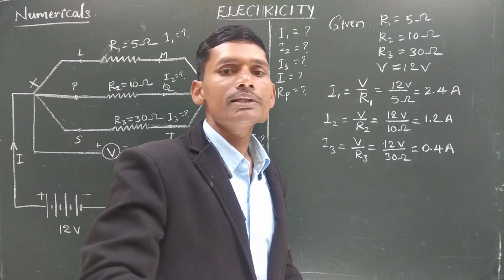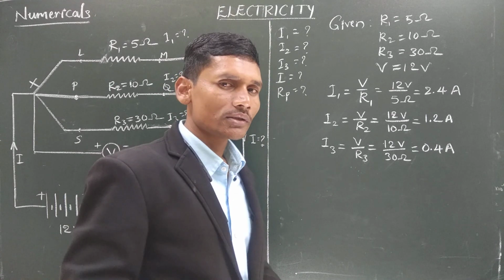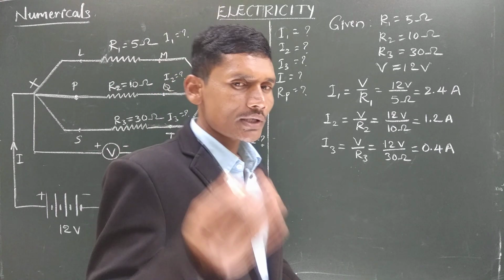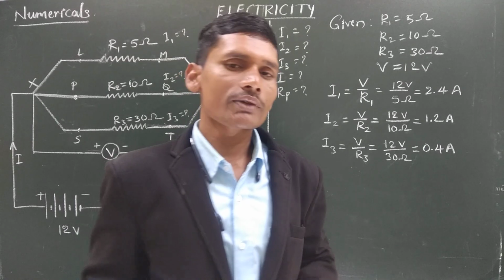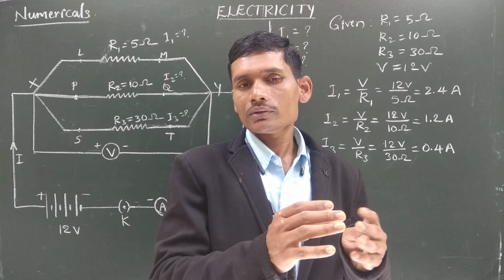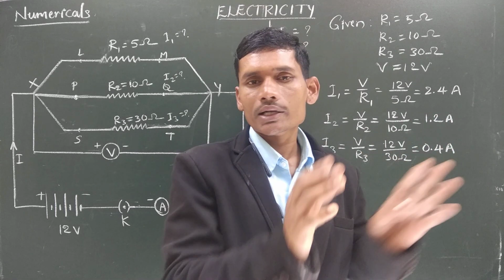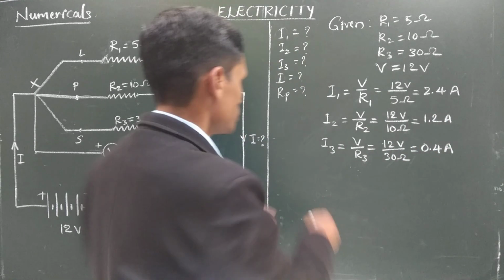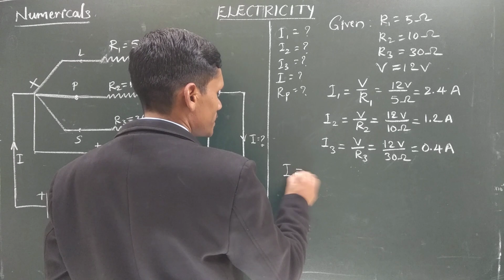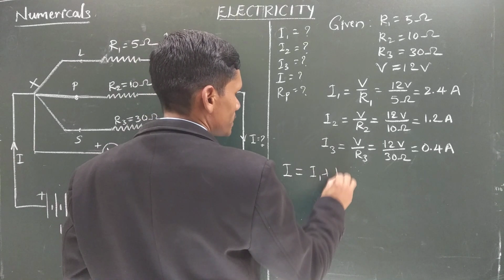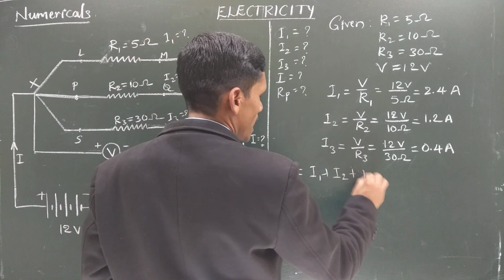We can easily calculate the total current. How do we get total current? We have studied that in a parallel combination of resistances, the sum of the currents through each resistor gives the total current in the circuit. So according to that, I is equal to I1 plus I2 plus I3.